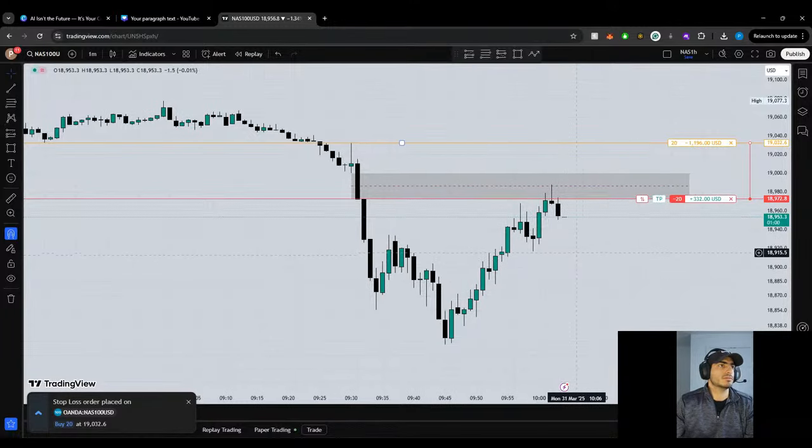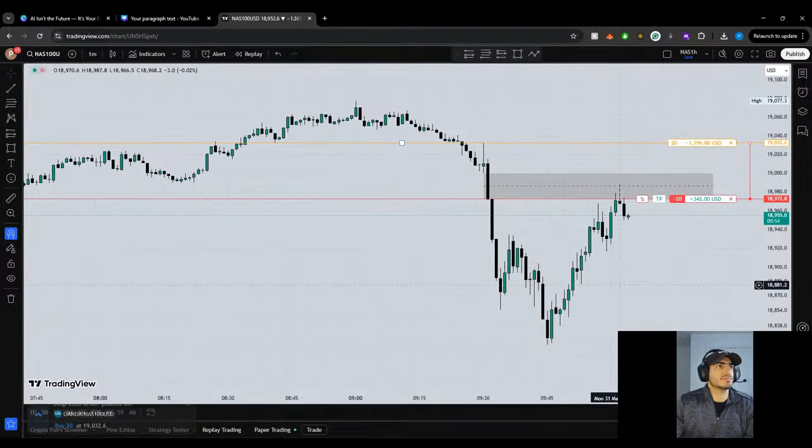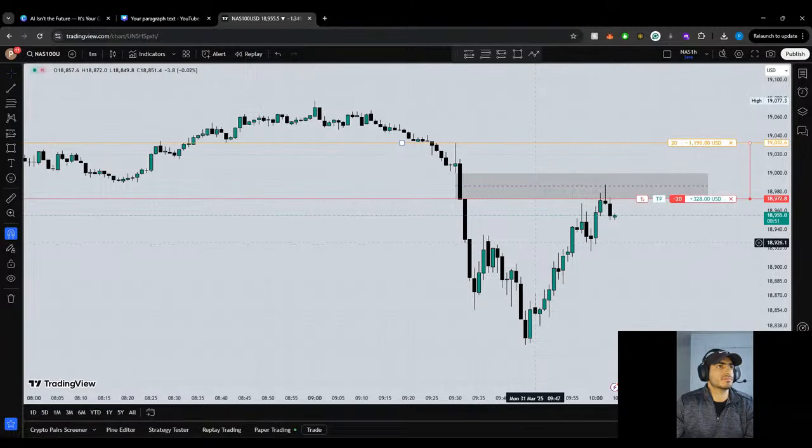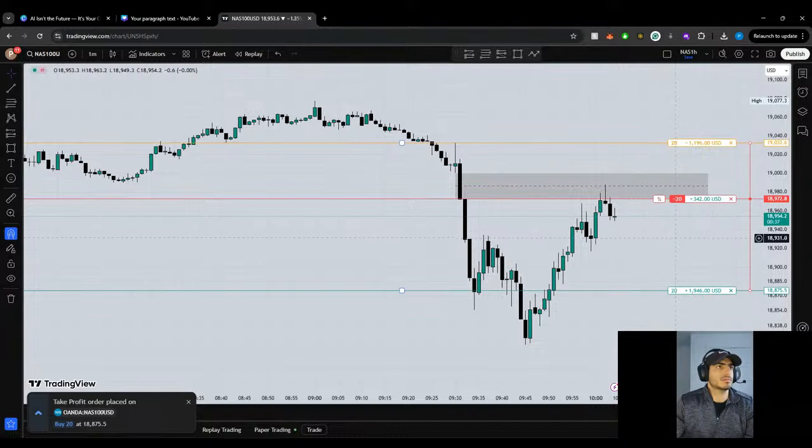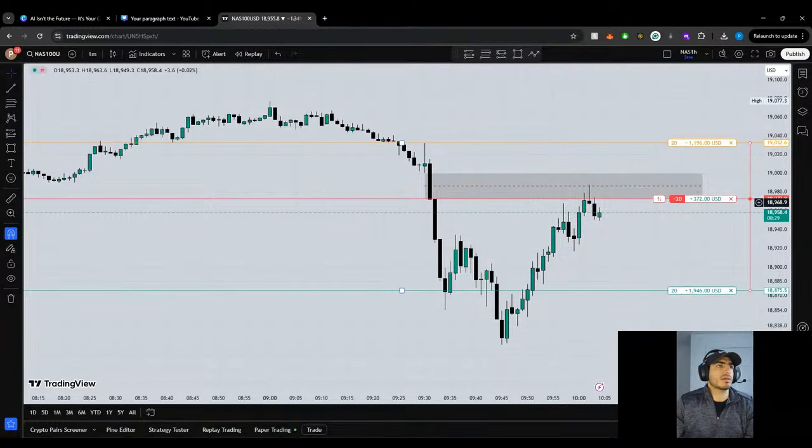And I'd like to take profit around here. Now, if the market creates a new low within this leg over here, I'm gonna move this stop loss to break even.